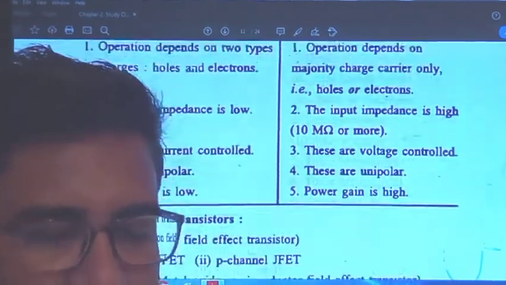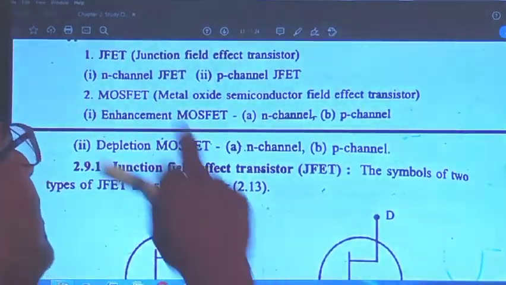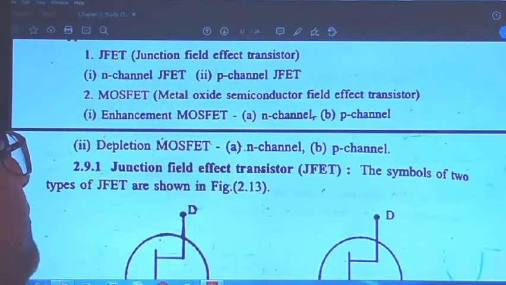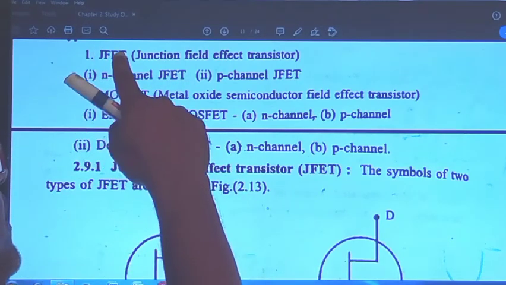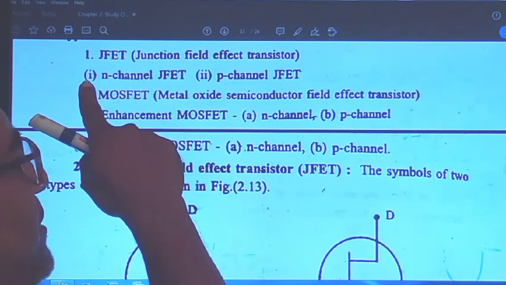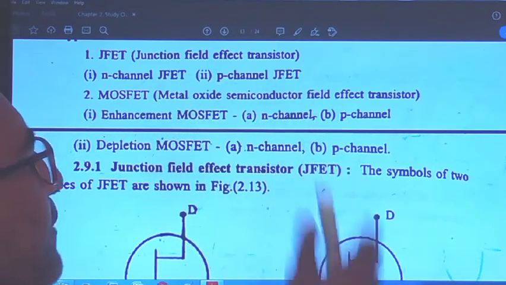Now, the types of field effect transistor. Here we are going to observe that the FET is classified into two types. First is the JFET and second is the MOSFET. This JFET is again classified into two types, that is the N channel JFET and the P channel JFET.